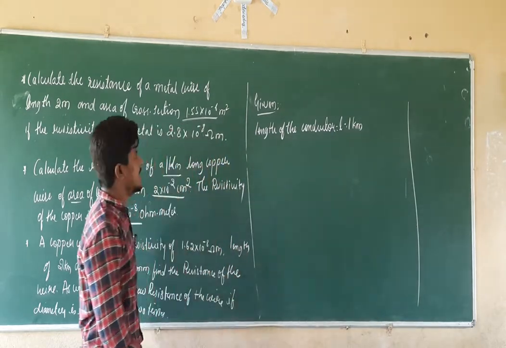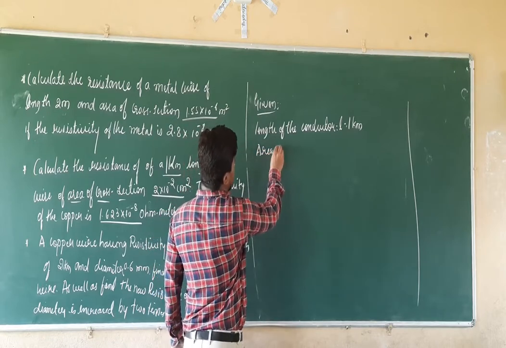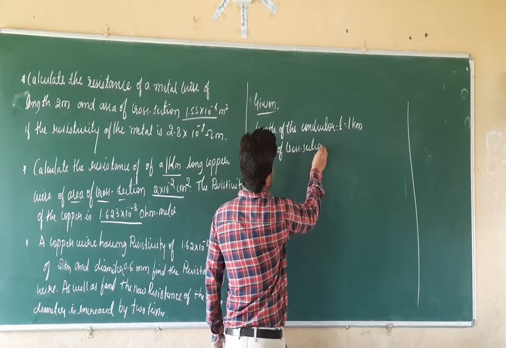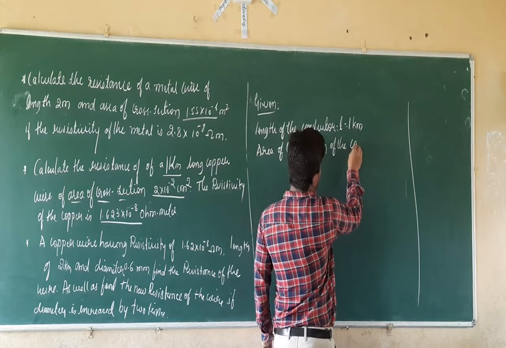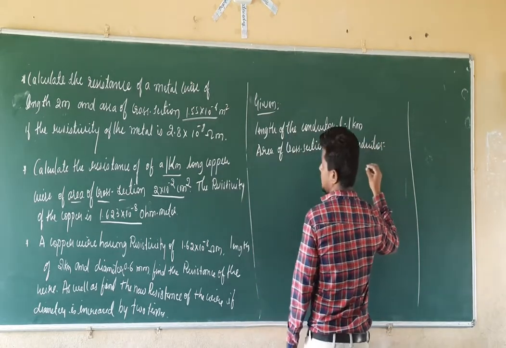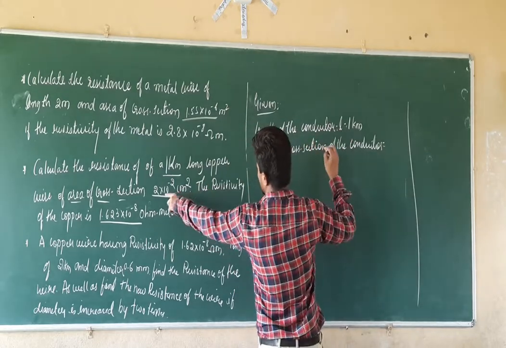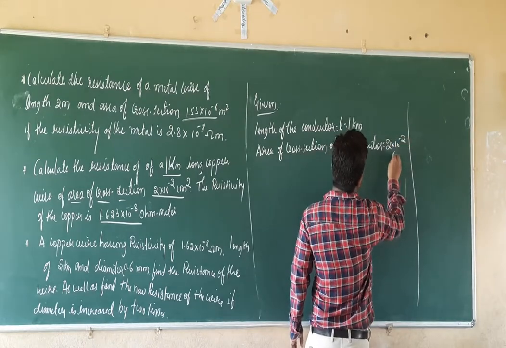Next, they are given the area of cross section of the conductor. So the area of cross section of the conductor is equal to 2 into 10 raised to minus 2 centimeter square.